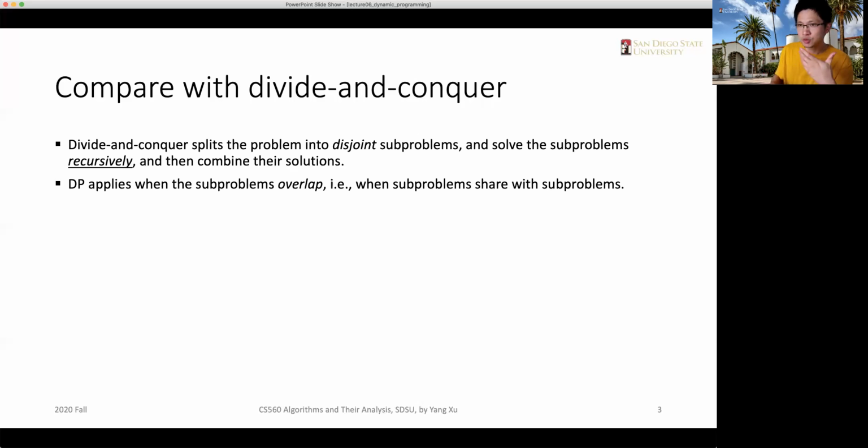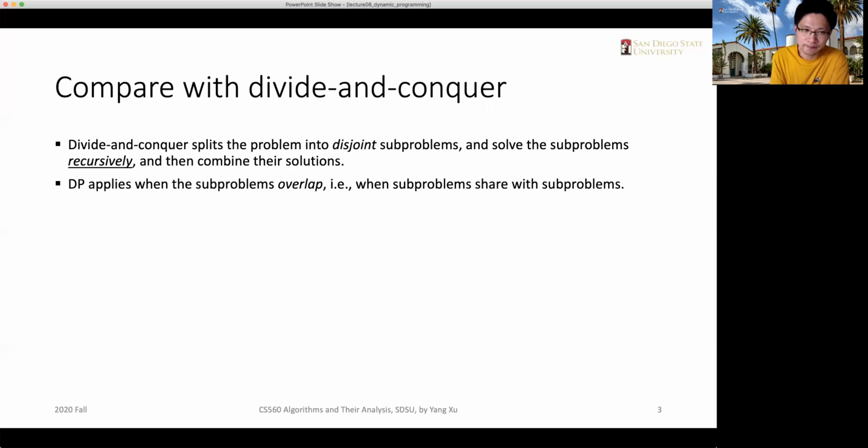Okay, so from the perspective of efficiency, of course, we want to avoid repeatedly solving the same problems. Once a sub-problem is solved, we just want to mark that it is solved, and we don't want to solve it again. So that is the right way.